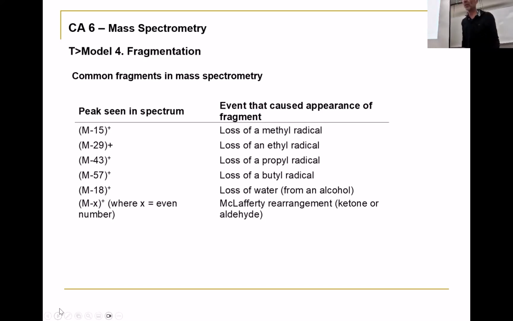If you see these peaks, minus 15, minus 29, minus 43, minus 57, of course, you're losing those radicals. But if you see a minus 18, note an even number, you're likely losing water from an alcohol. If you see M minus X, where X is some other even number, a McLafferty rearrangement is very likely. So you may want to highlight that chart. It is actually quite a helpful reminder.